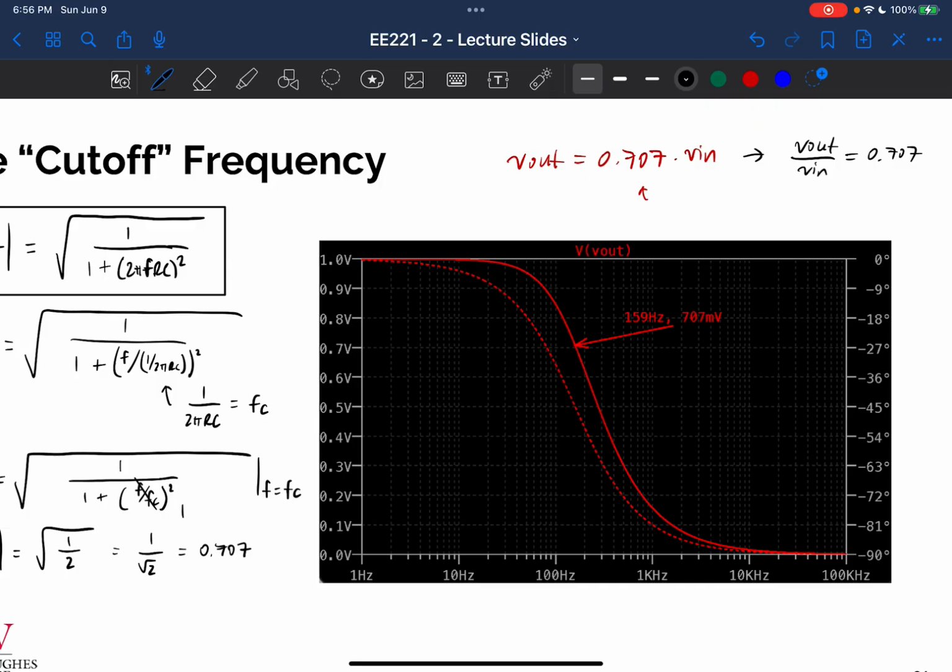I'm only plotting the output because I know my input is 1 volt, but you should always plot the ratio. Here, for an input of 1, I'm getting an output of 0.707 times 1, or 707 millivolts, and that is at the cutoff frequency, which in this case happens to be 159 hertz.